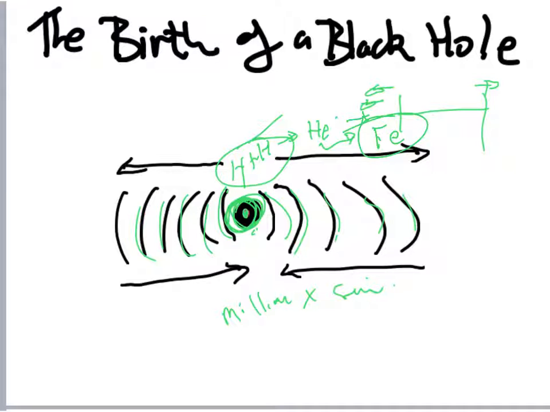There's no more energy produced. So it just collapses into itself until it has this massive explosion. That's called a supernova.